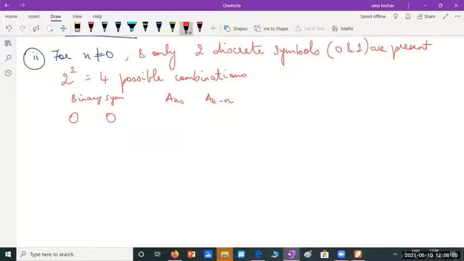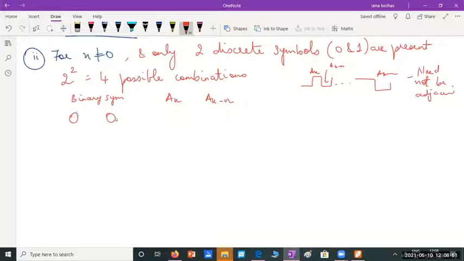They need not be adjacent. If this is AK, even this can be AK minus N, even somewhere here at this part, this can be AK minus N, anything. Please remember, need not be adjacent.